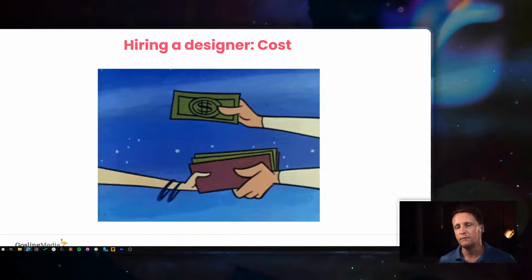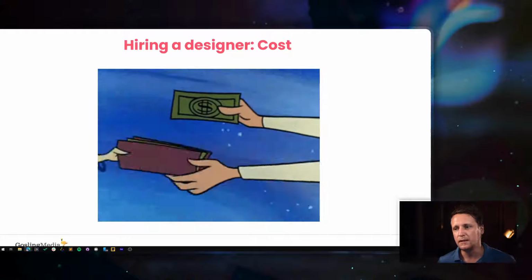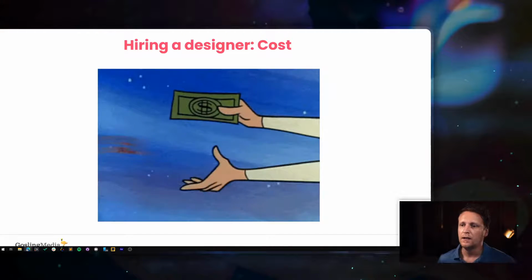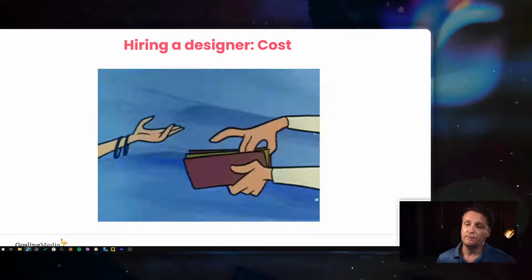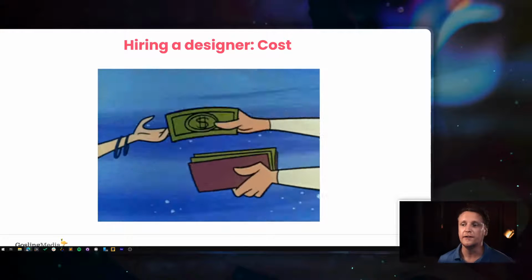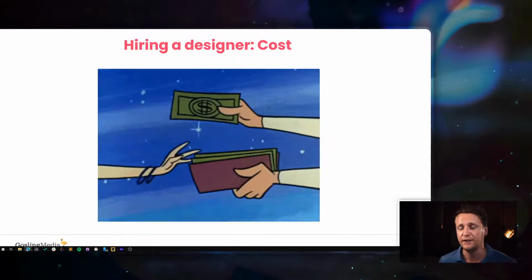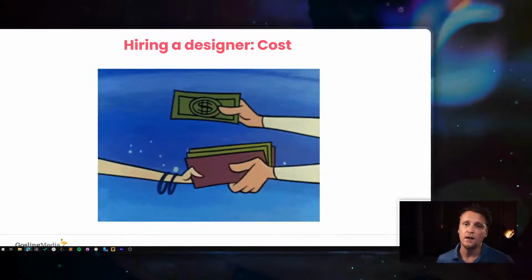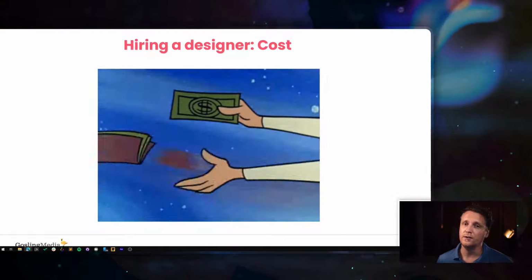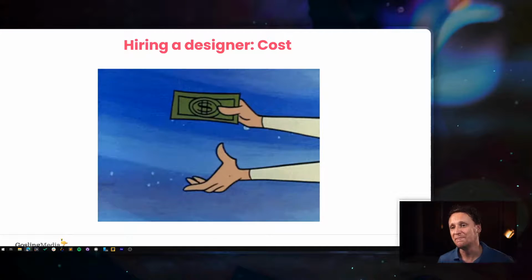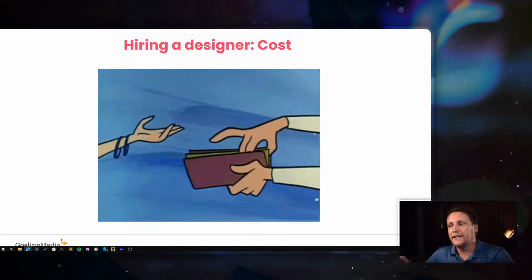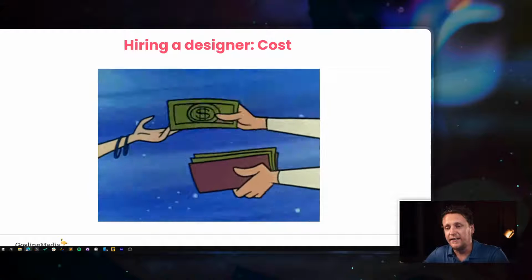You have to think about how your internal team can accommodate that. With a full-time salary, regardless of how much work they have, you're paying them full-time. So if there is a down period where you don't need as much, you're paying either way.